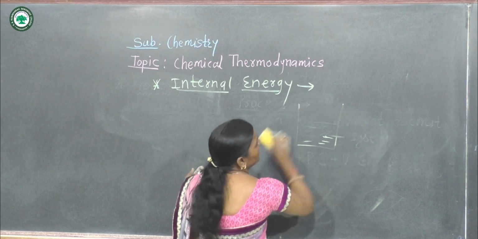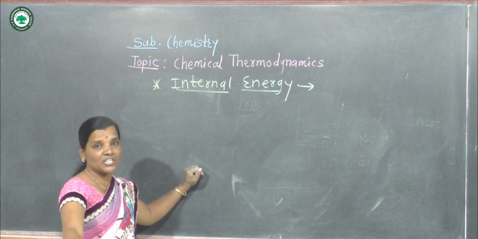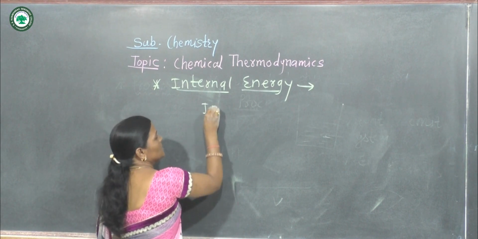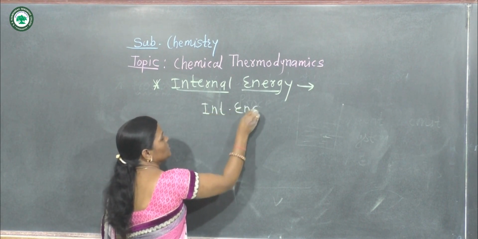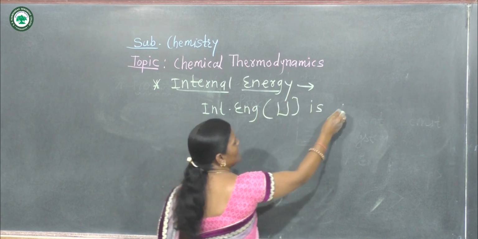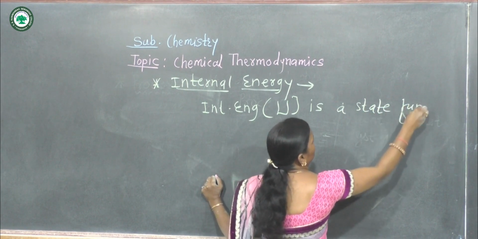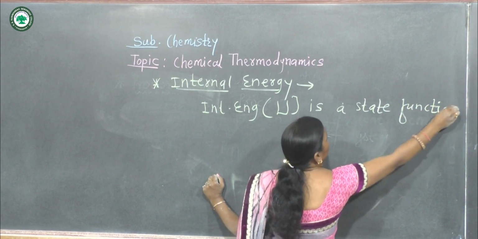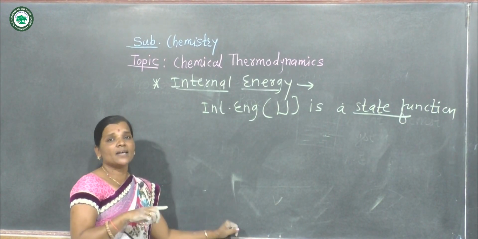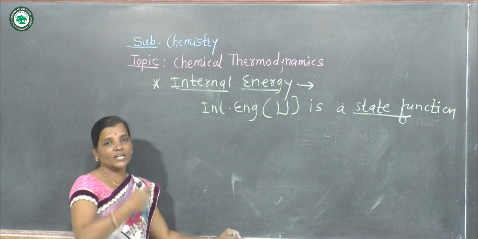According to this definition, internal energy, capital U, is a state function, because it depends upon the initial state and the final state of the system.